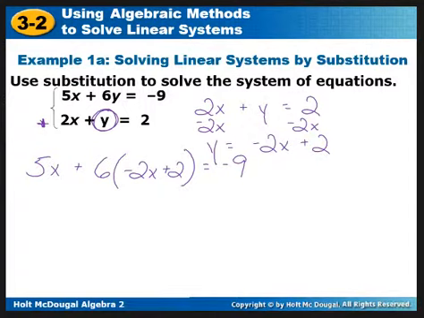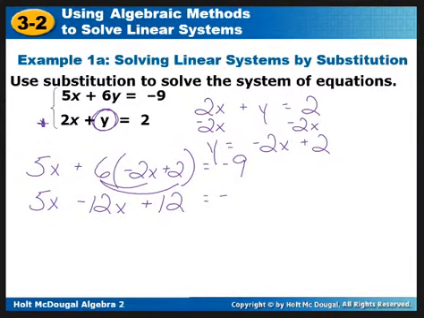So I have to simplify and combine what I can. I'm going to distribute my 6 here, so I'm going to get negative 12x plus 12, and that's still equal to negative 9. I can put the 5x and the negative 12x together, giving me negative 7x. At the same time, just to save some room, I'm going to subtract that 12 over to the other side.